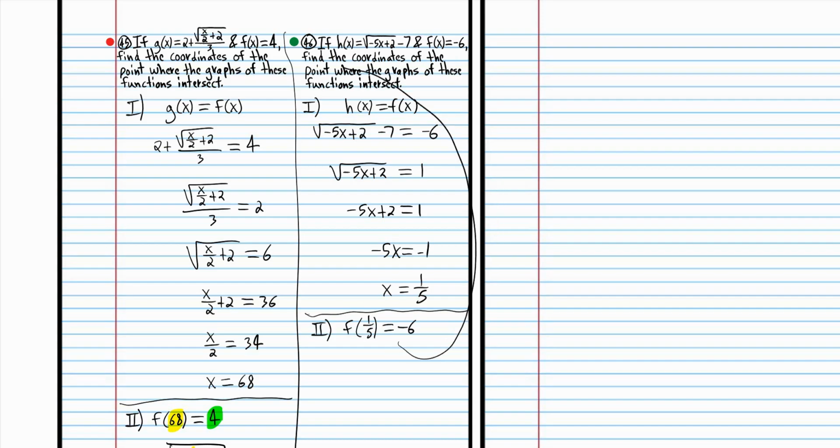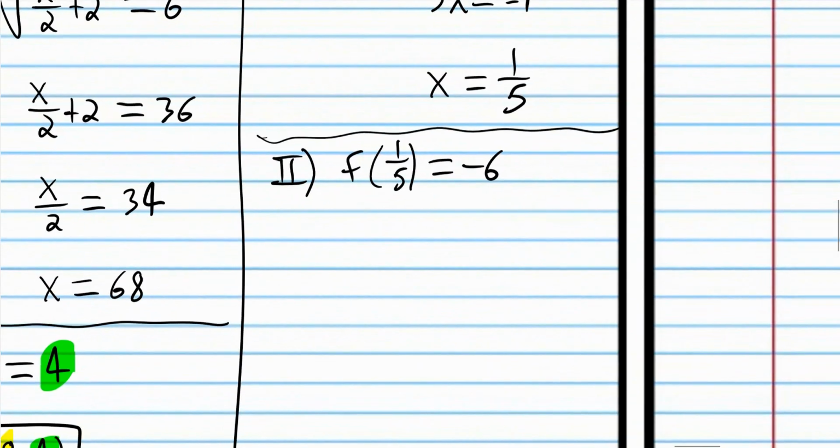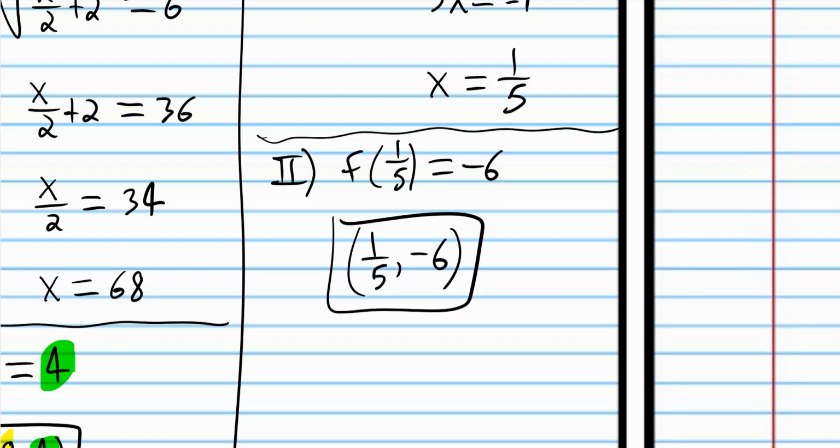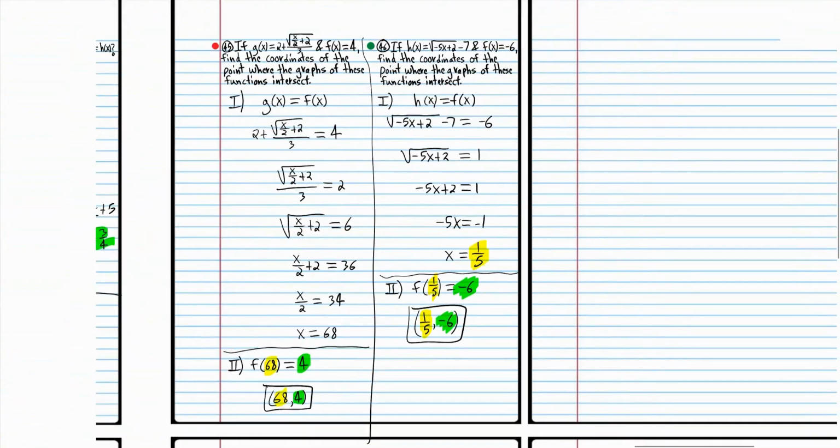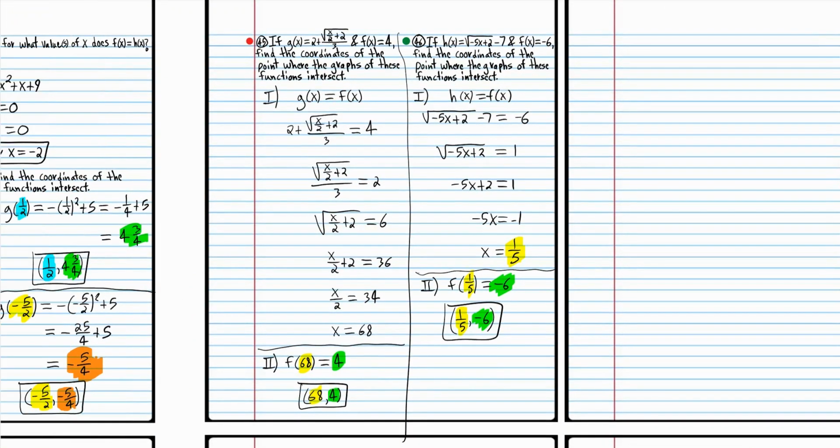We could plug in 1/5 to this function and we get negative 6 also, but we can see that that has to be the y value of the point of intersection, because f of x is always equal to negative 6. So the point we're looking for is 1/5, negative 6. So if you got that right, good job.